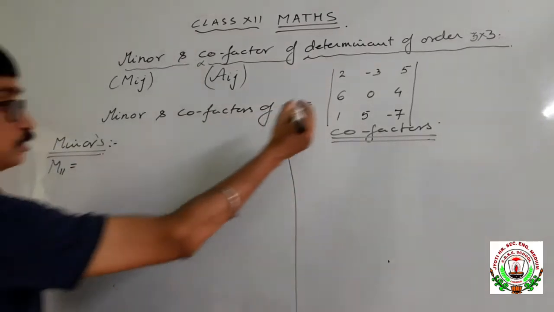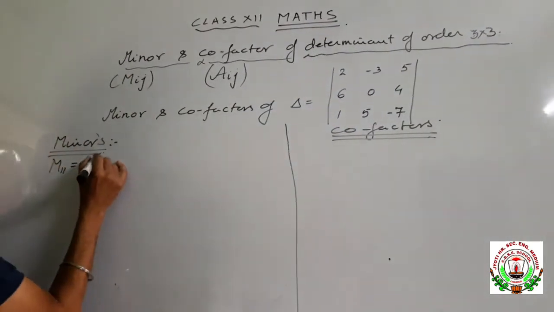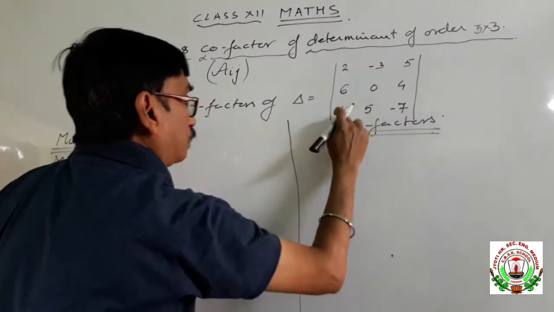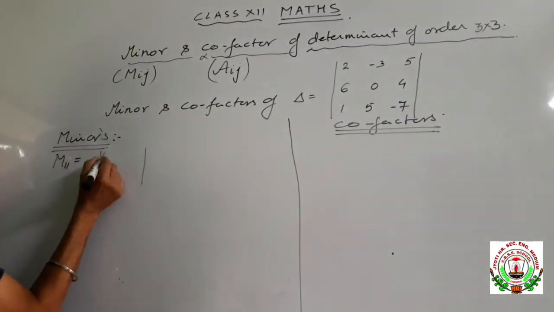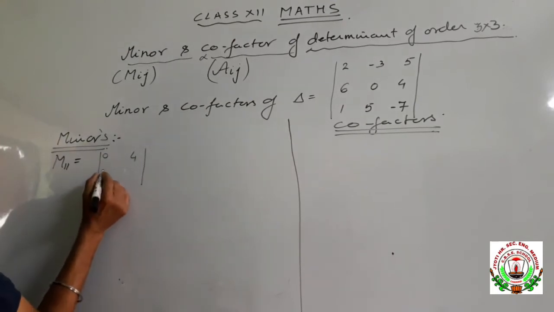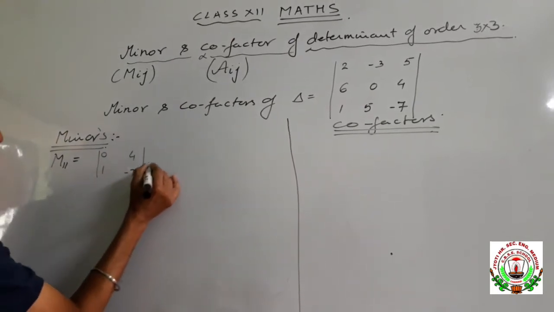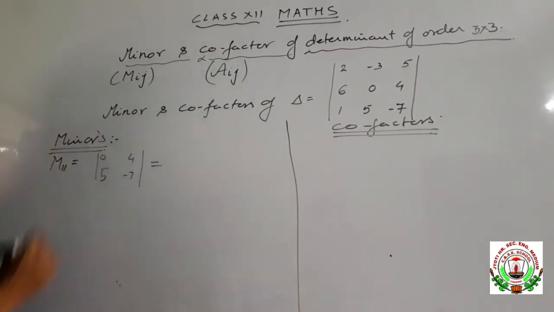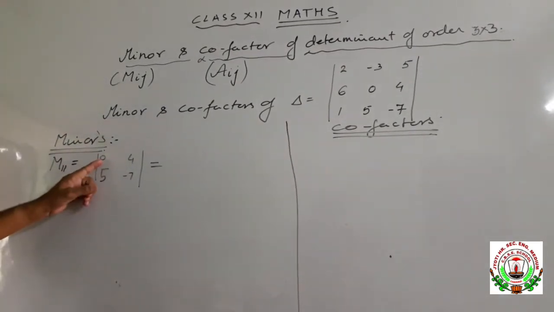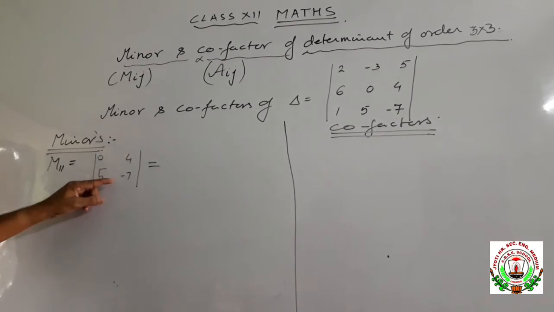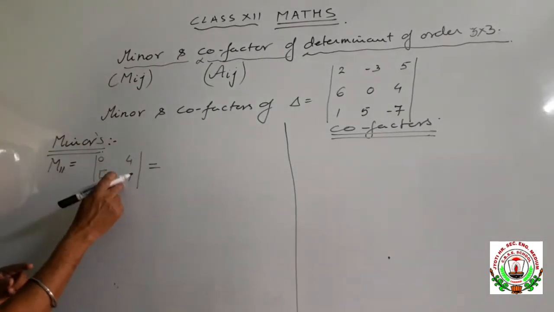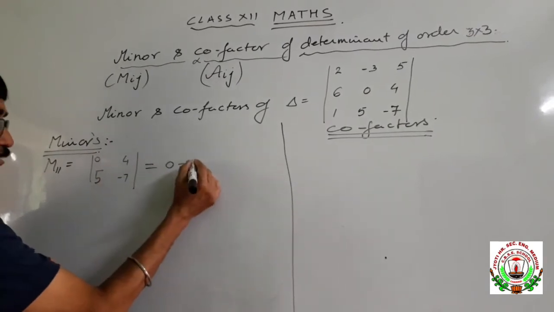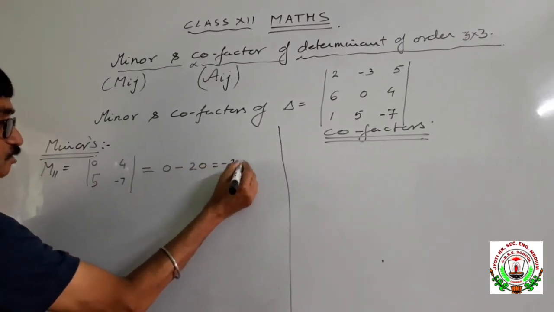So for the first one, M11, if we delete the first row and first column, we get the elements 0, 4, 5 and minus 7. Evaluating this 2 by 2 determinant, 0 into minus 7, minus 5 into 4, 20, we get minus 20.